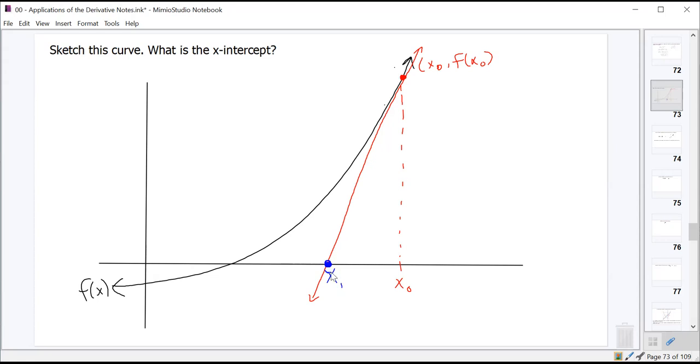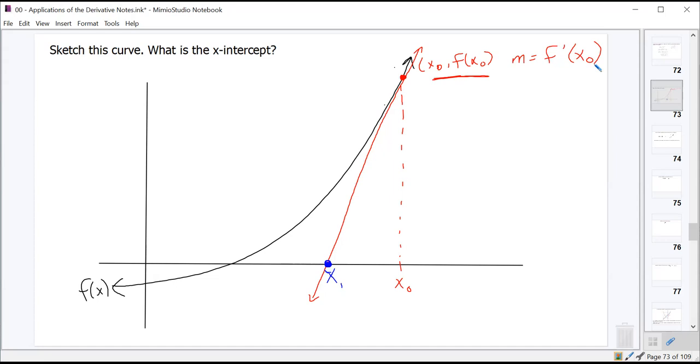So let's see if we can write the equation of that line. Well, we have a point, x naught, f of x naught, and we would then need a slope. The slope of that line would have to be the derivative evaluated at x naught. So we could just use a tangent line equation there.